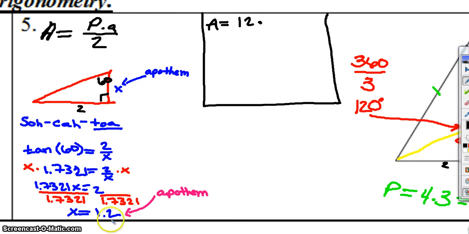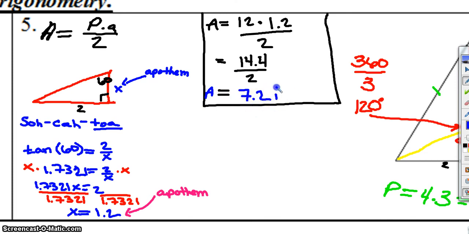Our apothem is 1.2. And we're going to divide that by 2. We're going to do top times top here. 12 times 1.2, and we get 14.4. Divided by 2. Still have to divide it by 2. So our answer, the area of the regular polygon, is going to be 7.2.